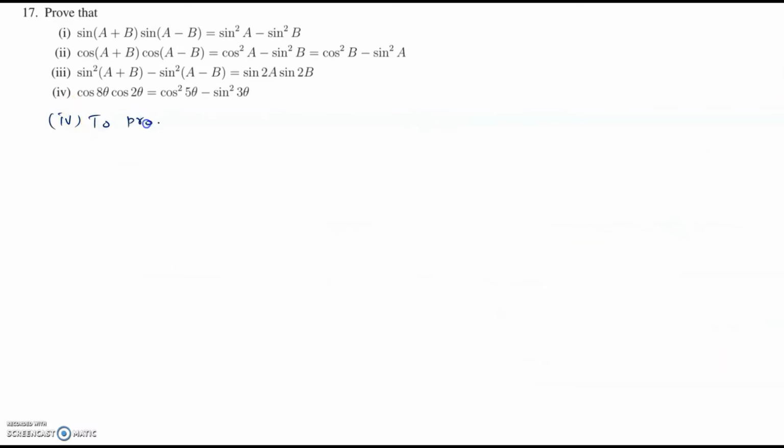To prove cos 8 theta cos 2 theta is equal to cos squared 5 theta minus sin squared 3 theta. Now let's take the left hand side. You can see that 8 and 2 are here.